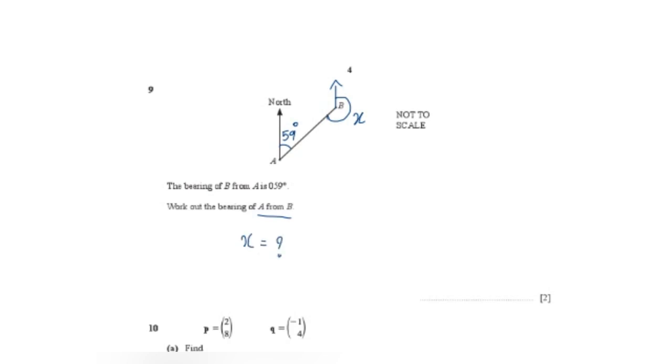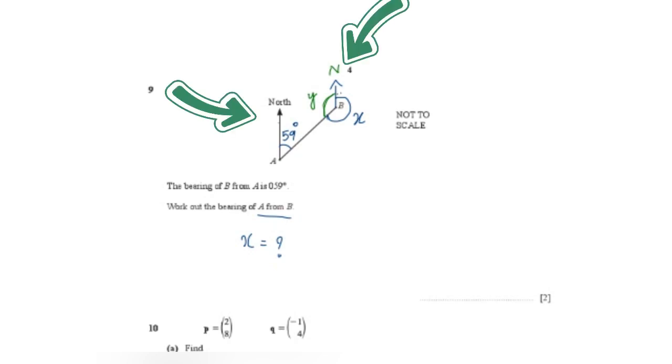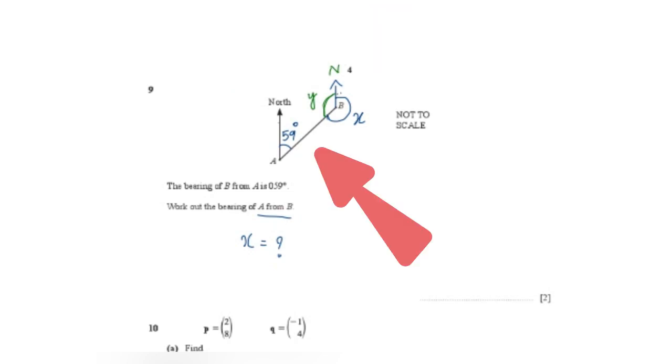In order to find this, the easiest way is first I am going to find what is the value here. Let me name this as y. Now if I look at this figure, I can see that these two lines are parallel to each other and AB acts as the transversal. Thus, the 59 degrees and y are angles which are on the same side of the transversal.